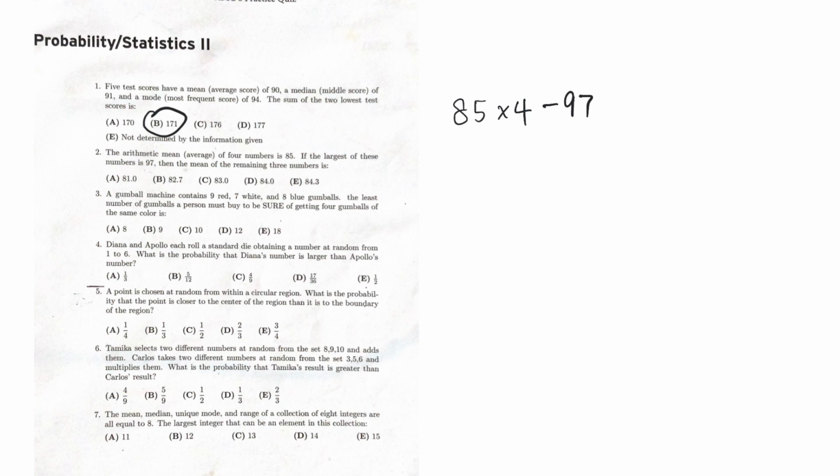That's the sum of the remaining 3 numbers. For the average, we divide by the number of numbers. That's 3. So 243 over 3, that's 81. The answer is A.